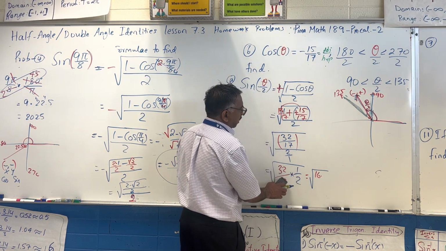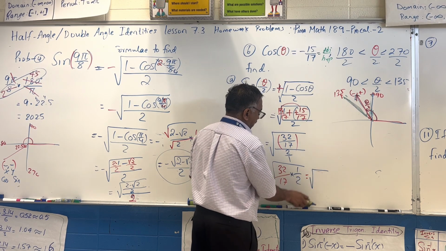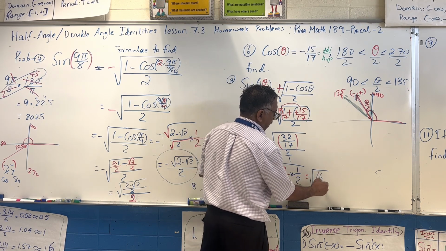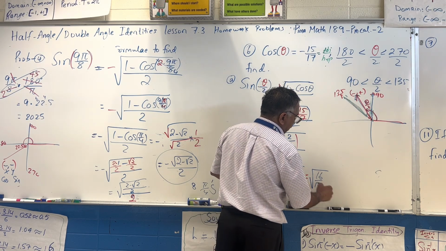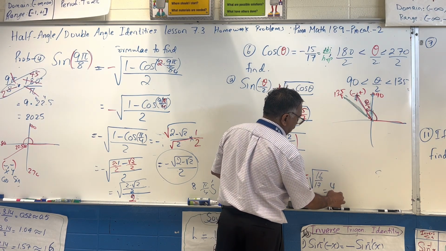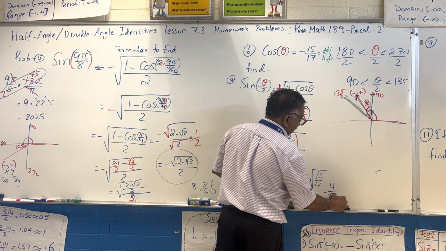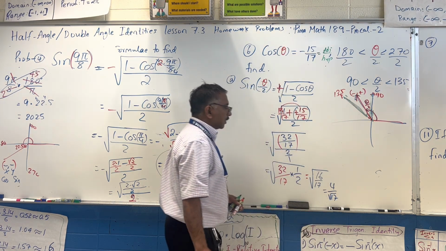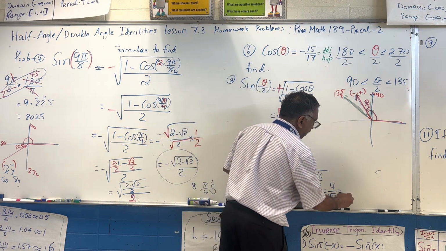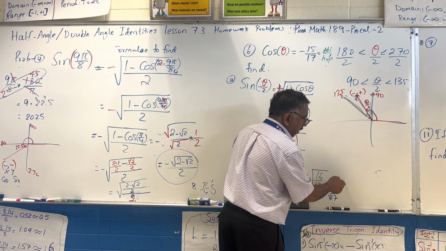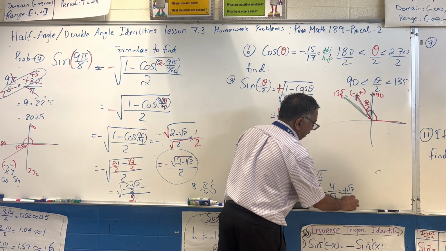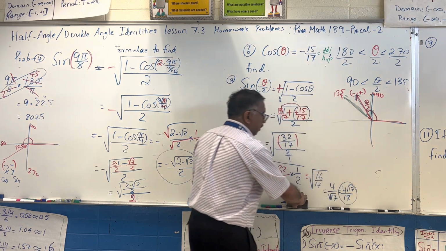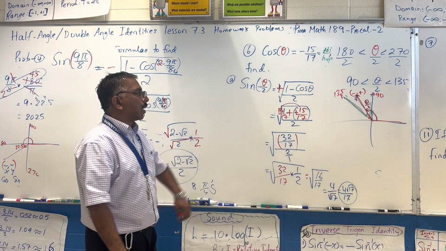The 2 divides 32, giving 16, so this becomes 16 over 17. That equals square root of 16 is 4, over square root of 17. You can also write this answer by multiplying by the square root of 17, and that is also correct. Based on what the question asks, you can write it either way.